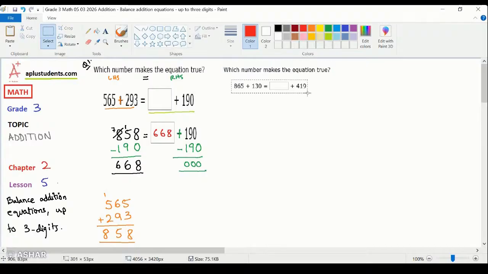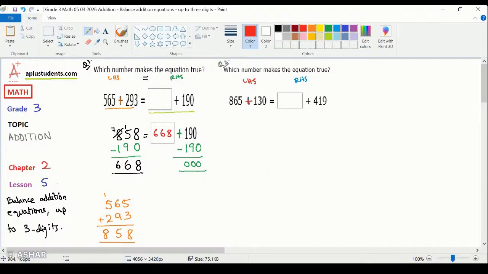If these are the numbers that are given to us, on the left hand side, these are the numbers and these are the numbers on the right hand side. We can see we have an addition sign on the left hand side.